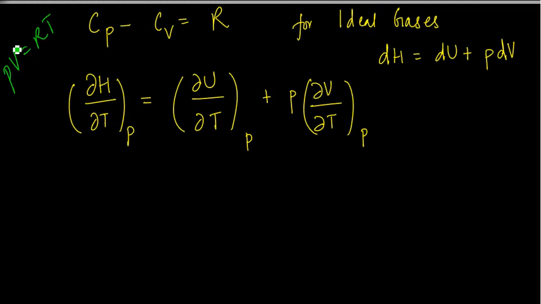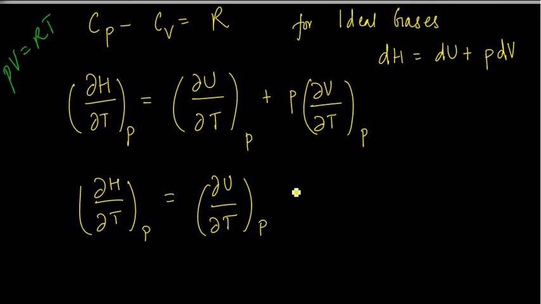From there, del V by del T is equal to R by P. So what I get is del H del T at constant P is equal to del U del T at constant P plus R. The left side I know is Cp, the right side is something plus R. Since I know the relation that Cp is equal to Cv plus R, this should be Cv.